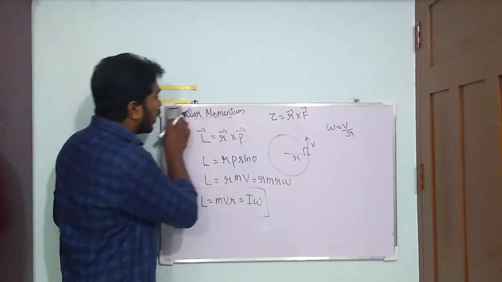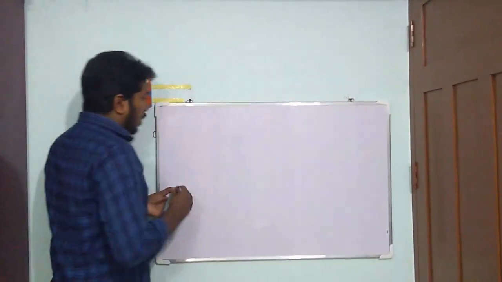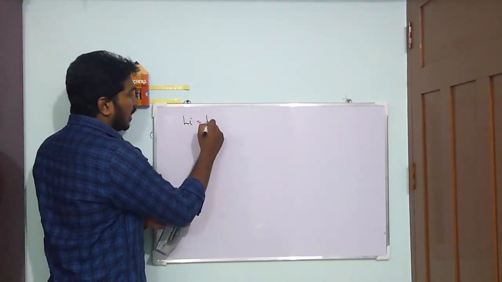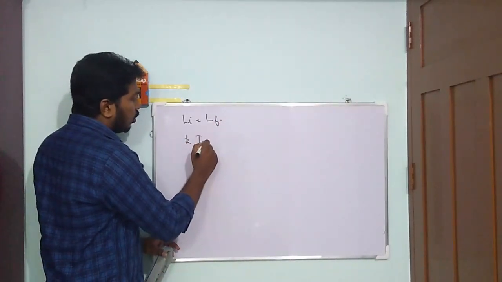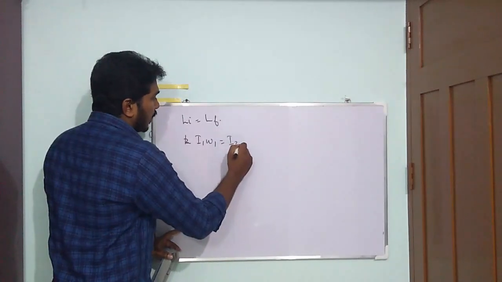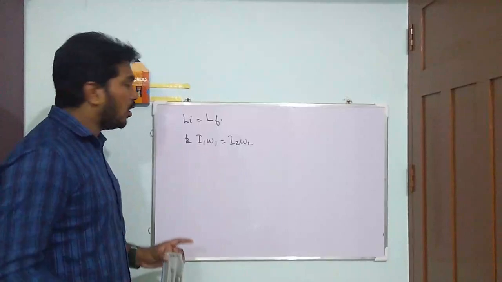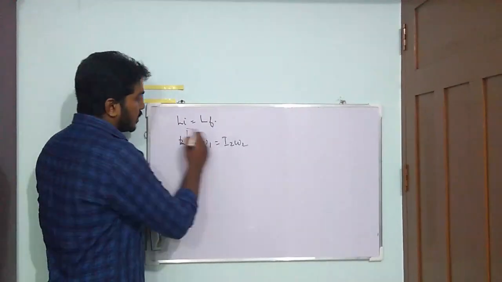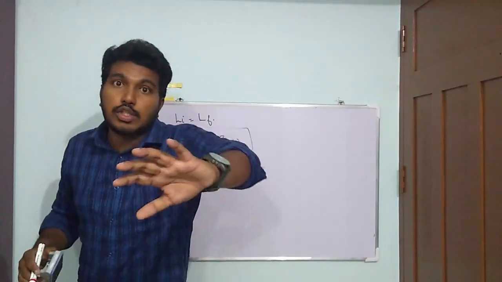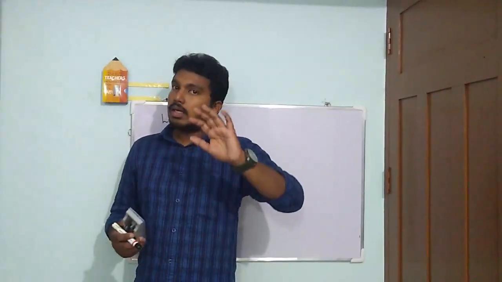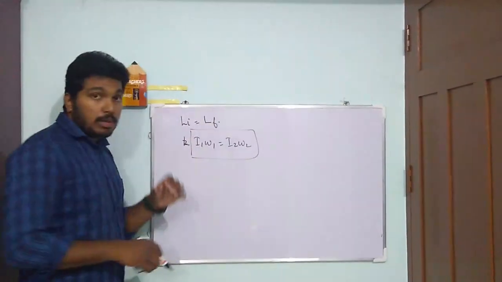So based on angular momentum conservation, you can write L initial is equal to L final, or I1 omega 1 is equal to I2 omega 2. We'll deal with questions for this later on. Clear? Right.